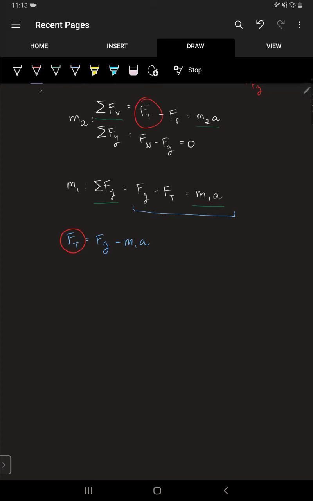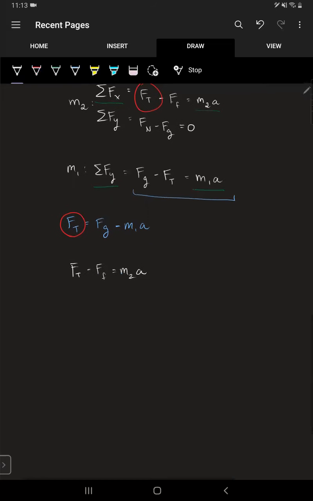All right. Let me rewrite this down here first. Ft minus Ff equals M2a. So we have Fg minus M1a minus F of f equals M2a.